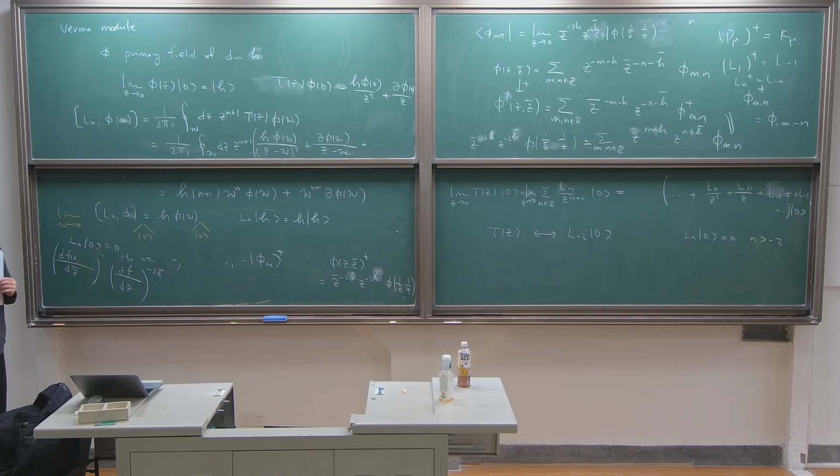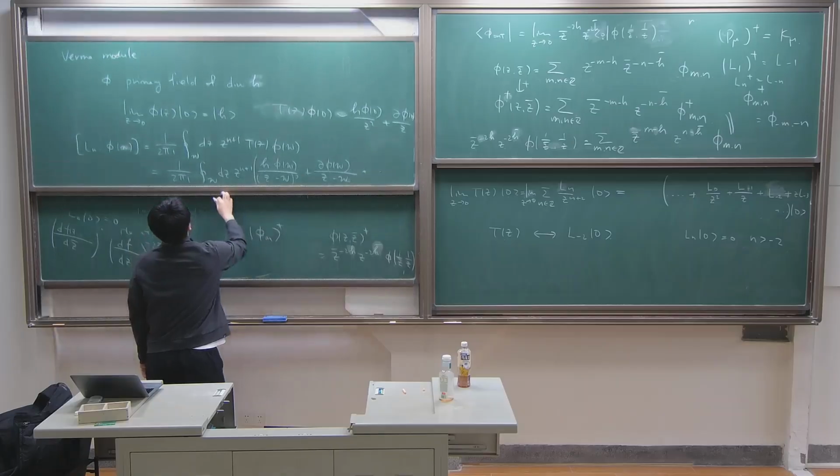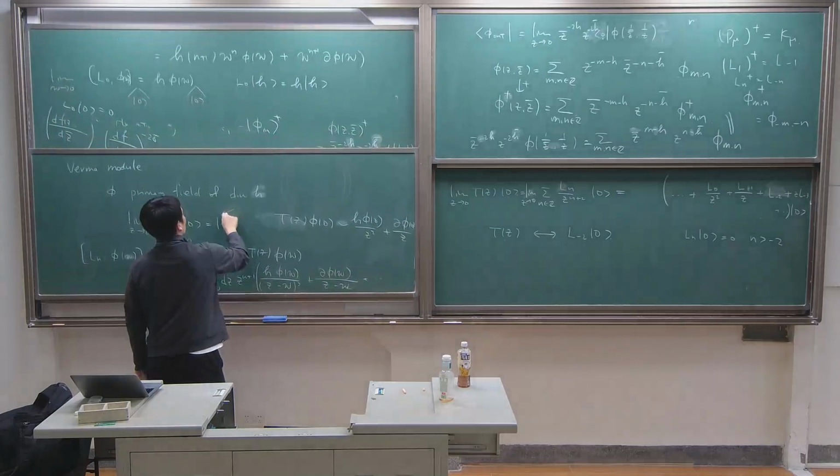Okay, fine. So this is how L0 acts on the primary field. This is our primary state, as in the state-operator correspondence we did already. So this is for the primary state.